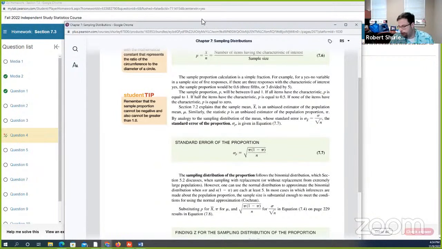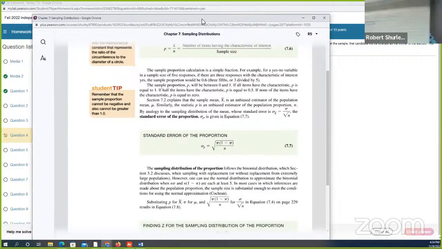So for our example, our pi is 0.501. So it's the square root of 0.501 times 1 minus 0.501, all over 100, because it's all over n.